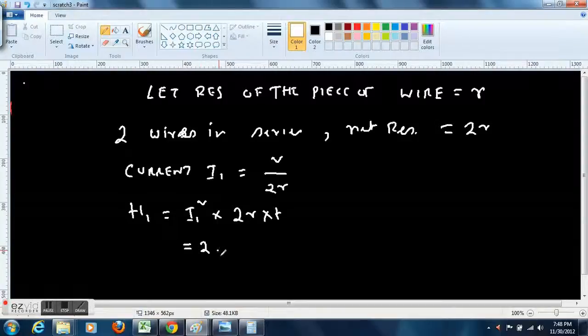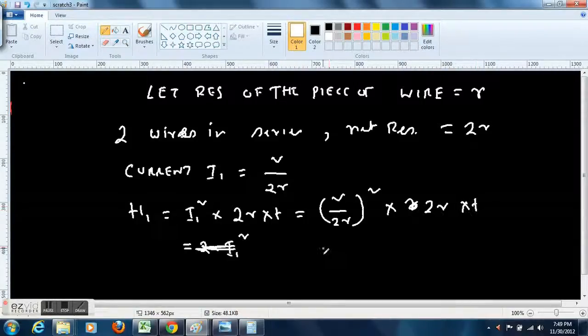Now I1 equal to again V upon 2r. So in place of I1 we will write V by 2r, V by 2r whole square multiplied by 2 into r into t.